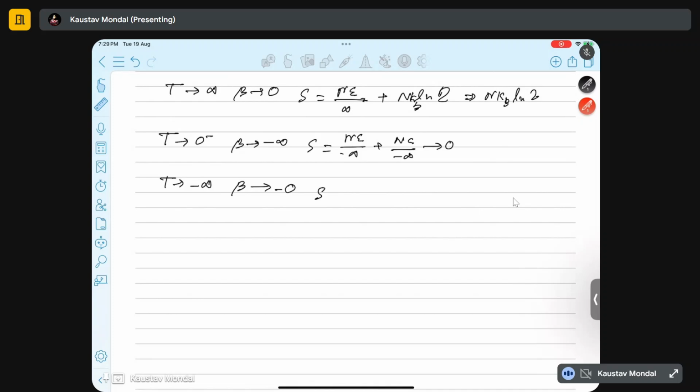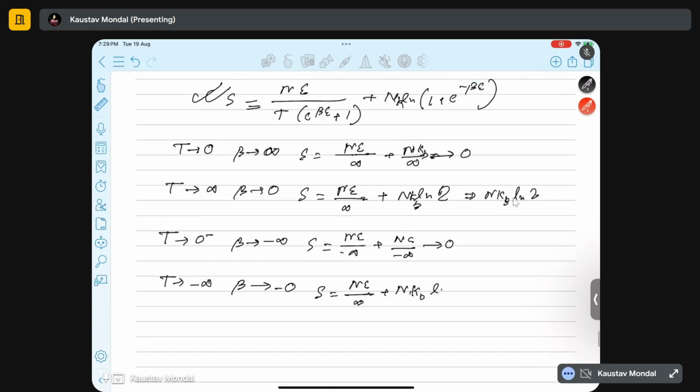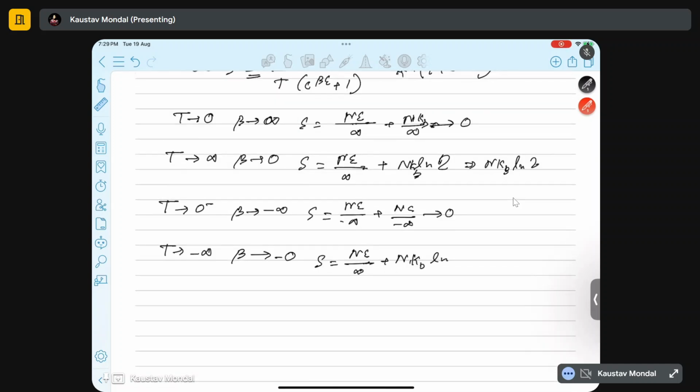In this case, S would be simply, here also N epsilon will be negative, with the denominator infinite, so this term will become 0. And here N kb in the logarithmic term, 1 plus e to the power minus beta epsilon, minus 1 by infinite is there, so e to the power 0 is 1, so 1 plus 1 will give you 2, so it also gives you N kb ln 2.